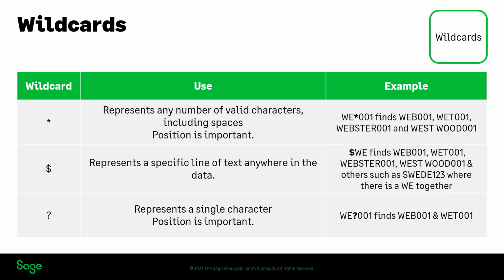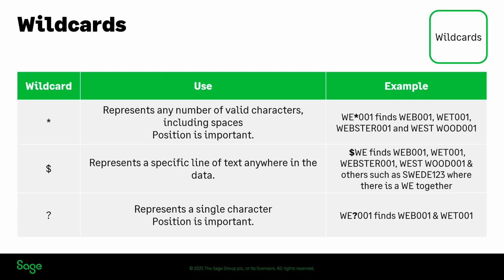To make your quick search and filter options more dynamic, to find what you need even faster, you can apply these wildcards. First you've got the asterisk. This represents any number of valid characters, including spaces. The position is important, as you can see in my example on the right. We've got a WE, then an asterisk, and then 001.